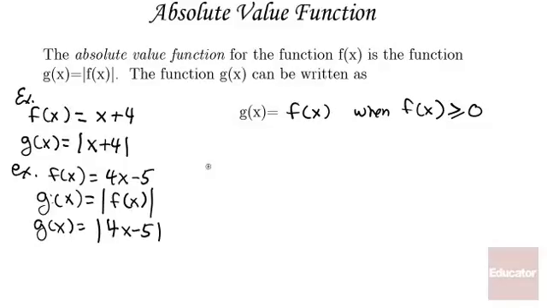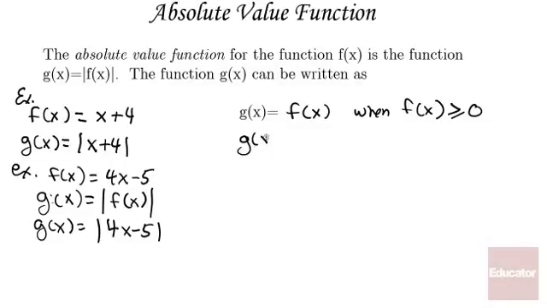However, what might happen is I solve out x plus 4 and it's a negative value. Therefore, if I end up with a negative value inside here for x plus 4, when I take the absolute value of that, I'm going to have to take the opposite. So if x plus 4 turned out to be negative 3, g of x would be the opposite. g of x would be 3.